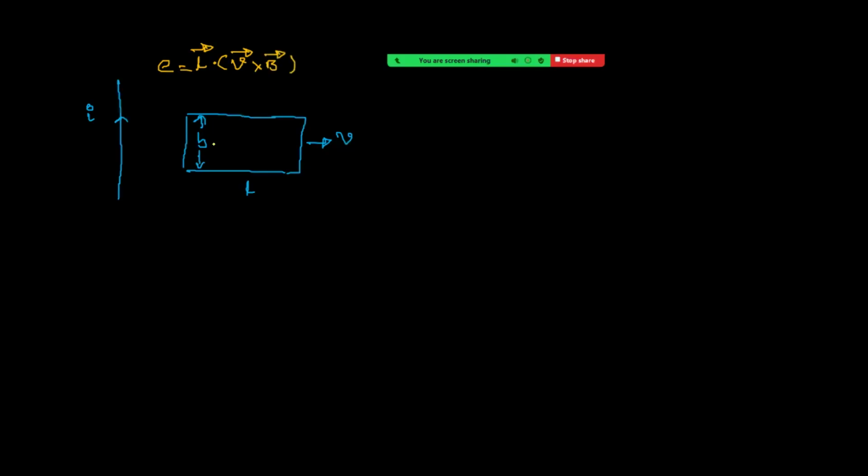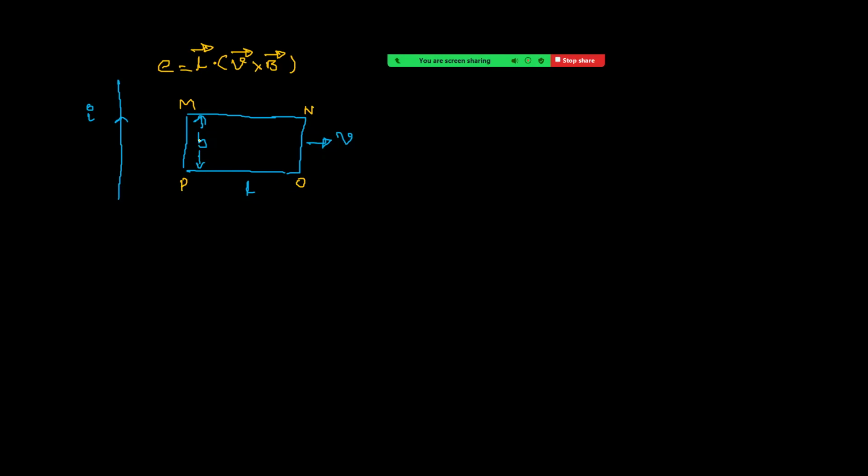If you focus on this length, let me take it as M N O P. For MN and OP, velocity and L bar are parallel. Therefore, across MN no EMF is induced, and across OP also no EMF is induced. Now it is only across MP and across NO.